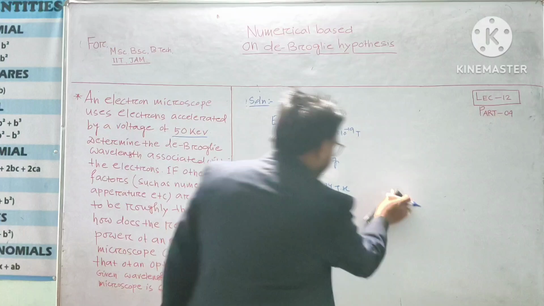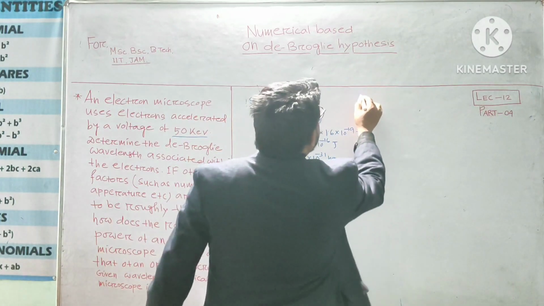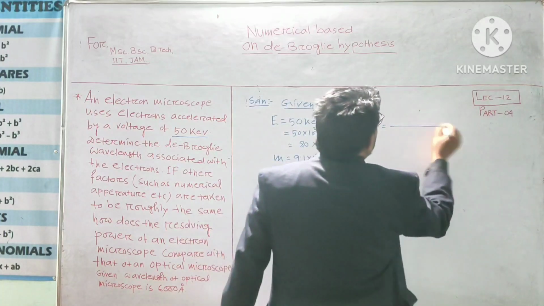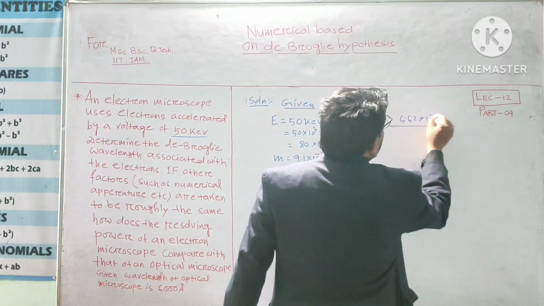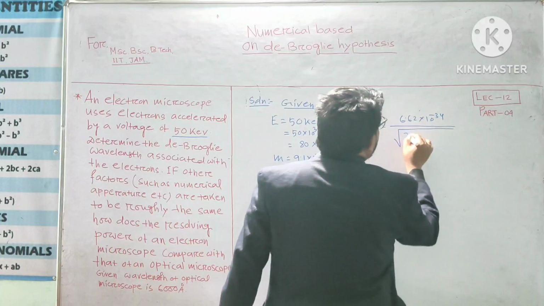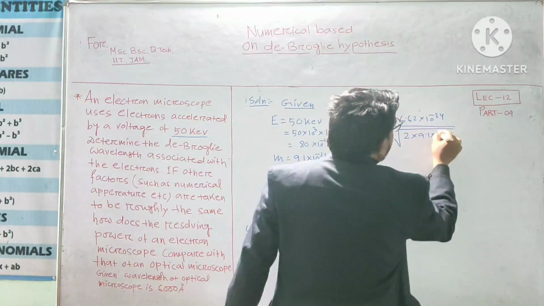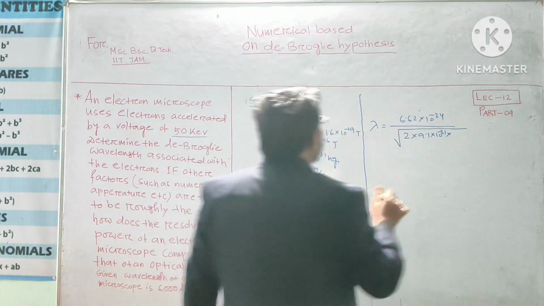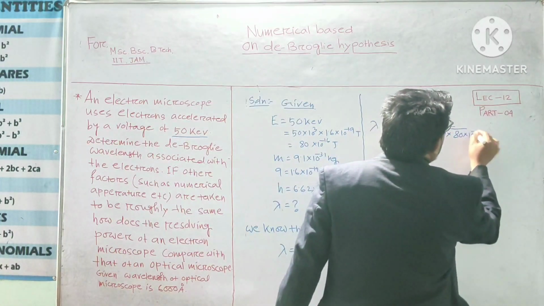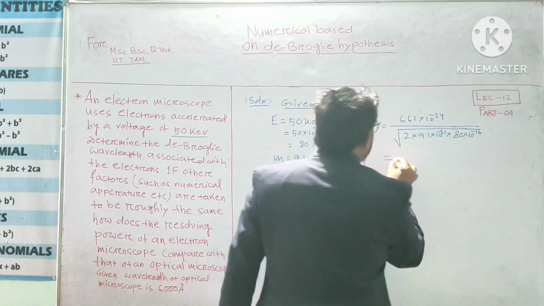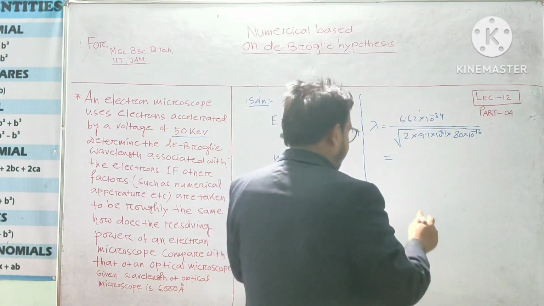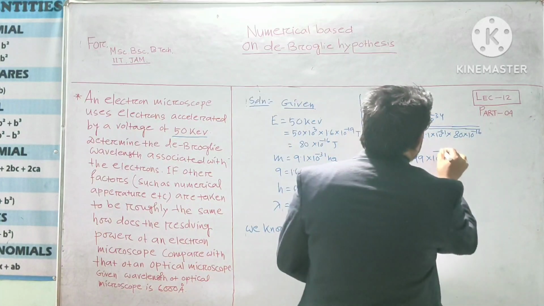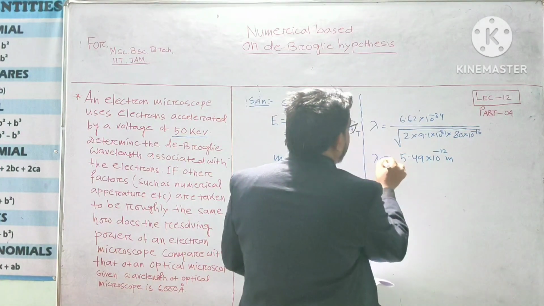Now lambda equals, the value of h equals 6.62 into 10 to the power minus 34, and 2 into the value of m equals 9.1 into 10 to the power minus 31 into energy, which is equal to 80 into 10 to the power minus 16. After solving this part, you will get the result 5.49 into 10 to the power minus 12 meter. So this is our required wavelength associated with the electron.